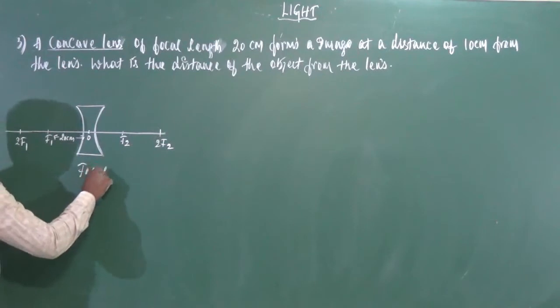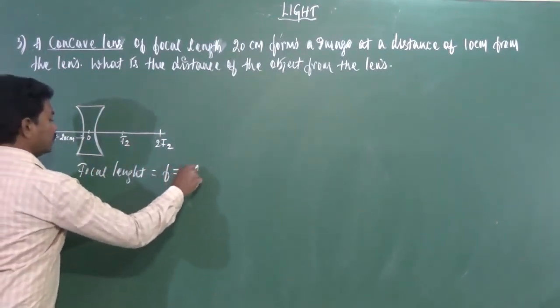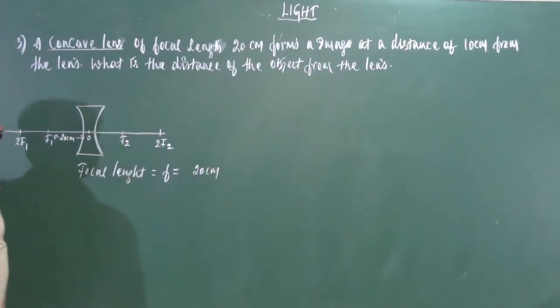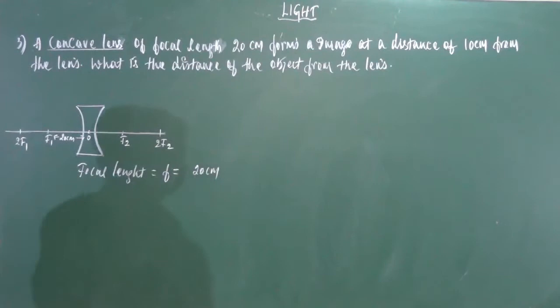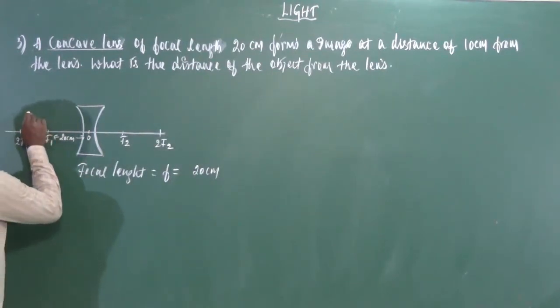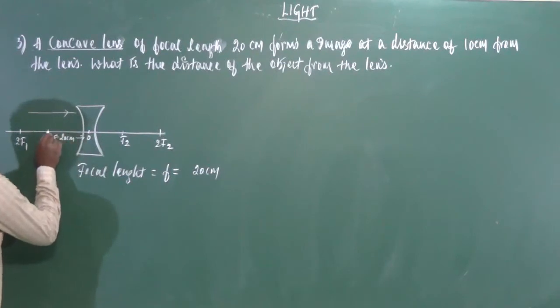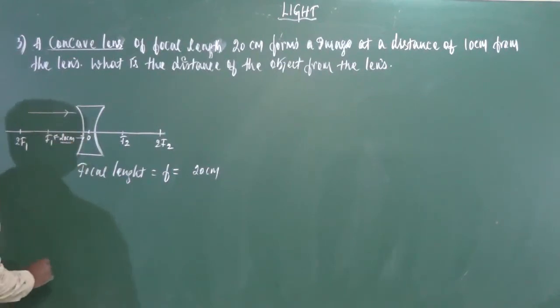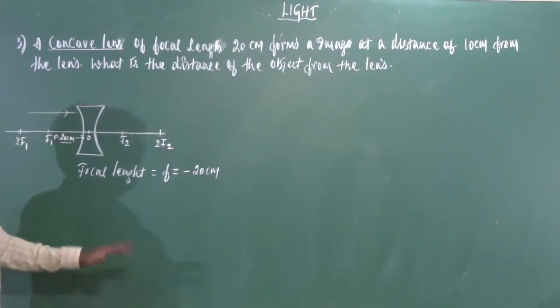Focal length f is equal to 20 centimeters. Now we have to apply the sign convention, whether it is positive or negative. Here the incident light rays are traveling in this direction and you are measuring against the direction of light rays, so therefore the focal length will be negative. So f is equal to minus 20 centimeters, right?